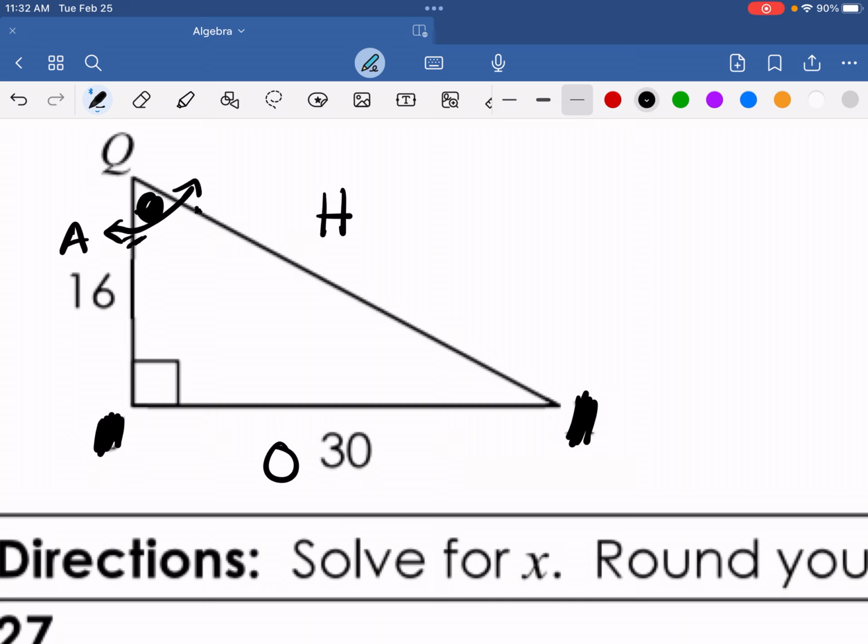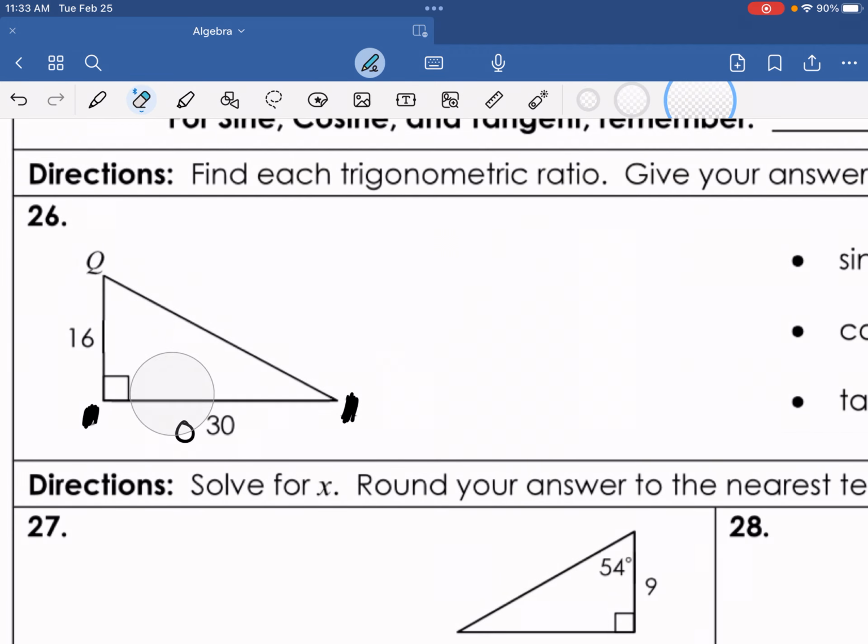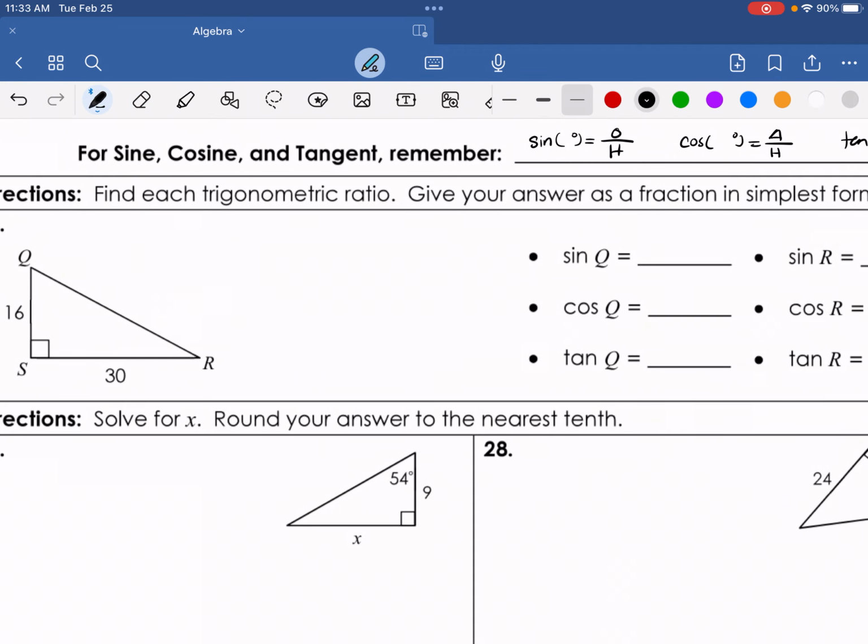And 30 is the opposite. Tan of Q means opposite over adjacent. So you put the opposite number on the top, 30, and the adjacent number on the bottom, 16. And that's the answer: 30 to 16. You can reduce it, but that's the answer. That's all you need to do.